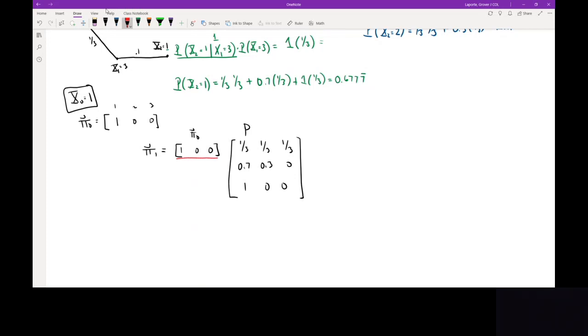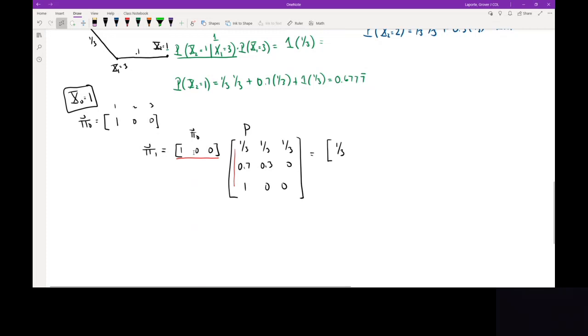It's this row by this column to get our first entry. So it's 1/3 basically, right? Because 0 times 0.7 would be 0. This 0 times the 1 would be 0, so we're just left with 1/3.